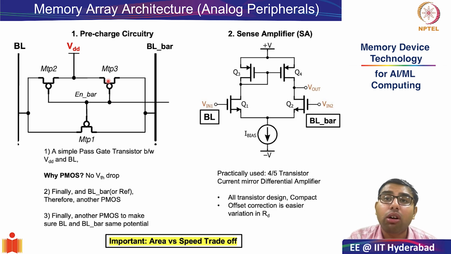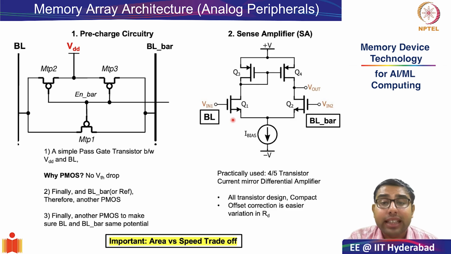L is generally constant for any transistor technology. So you generally play with the width of the transistor. If you increase the width of the transistor to improve the drive strength, you will compromise on the area. Similarly, the transistors in a sense amplifier also can be tuned to give faster response times by increasing their size.